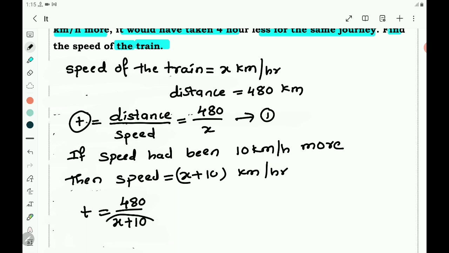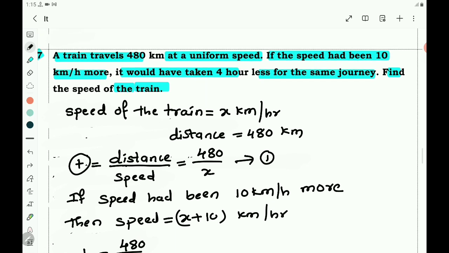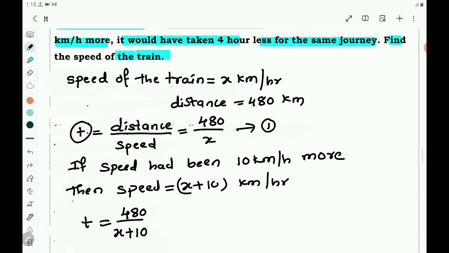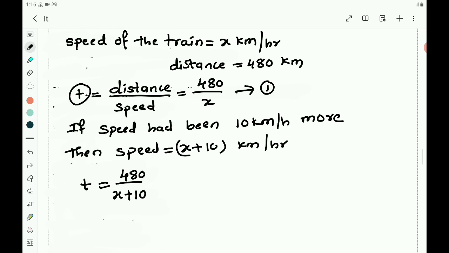If the speed increases, time taken decreases. How much does it decrease? 4 hours. It means it takes 4 hours less for the same journey.